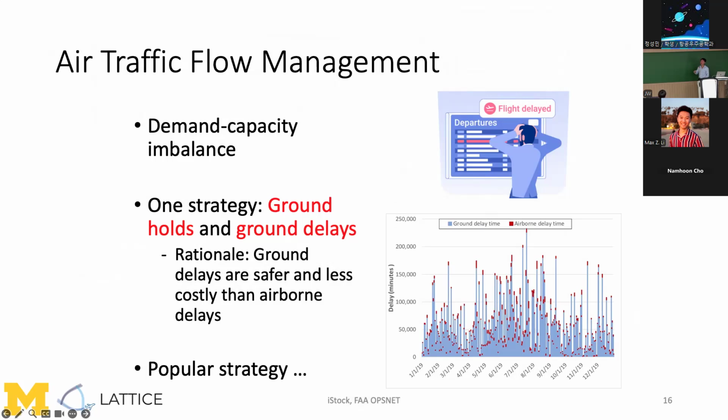If you tell me Seoul Incheon never has flight delays, I wouldn't be very impressed because I would say, oh, maybe you overbuilt Seoul Incheon. Maybe you overbuilt Seoul Incheon so that it can handle 400 aircraft per hour, but you only have the demand for 100. So of course you won't get delays, right? But did you need to spend that money? Right? Like, is this a worthwhile investment?